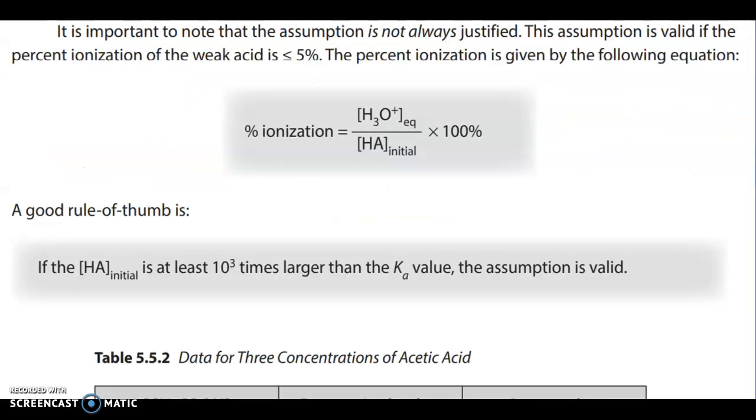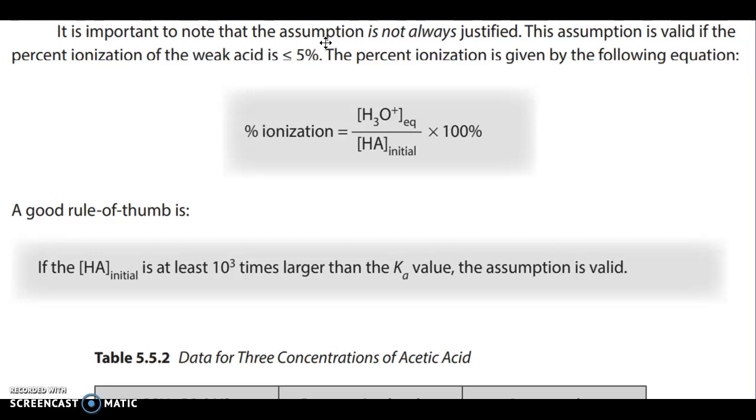Okay, so let's talk about percent ionization, just to remind you. Percent ionization is really looking at the amount of product versus the initial amount that you began with. When you have 100% ionization, that essentially means you have all product and very little or almost nothing for your initial amount.